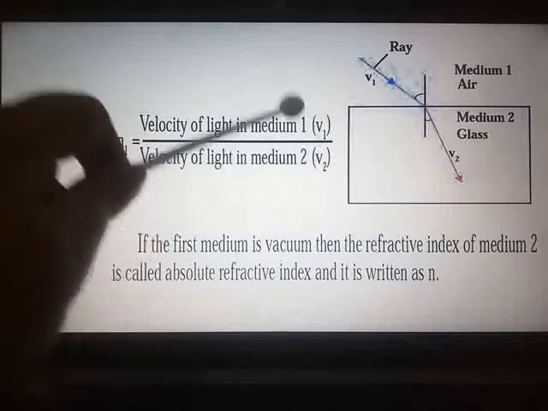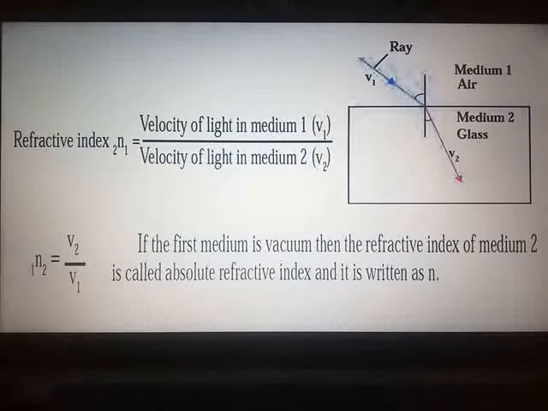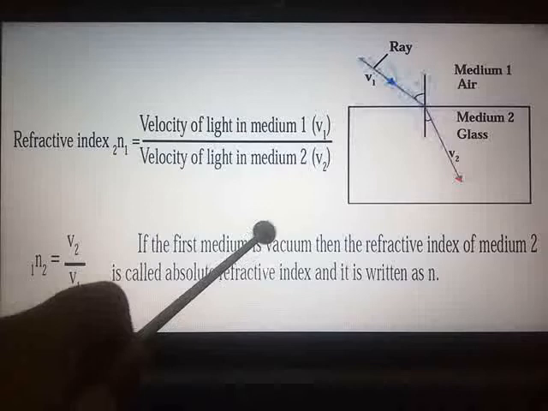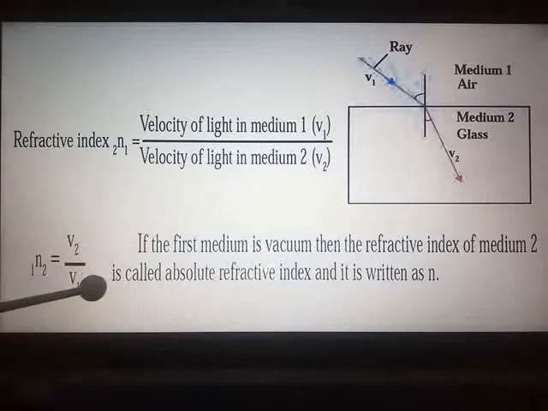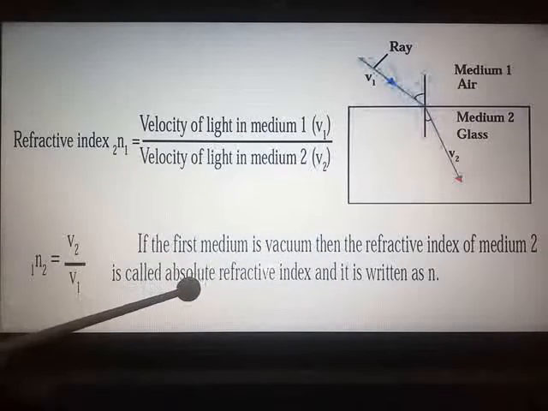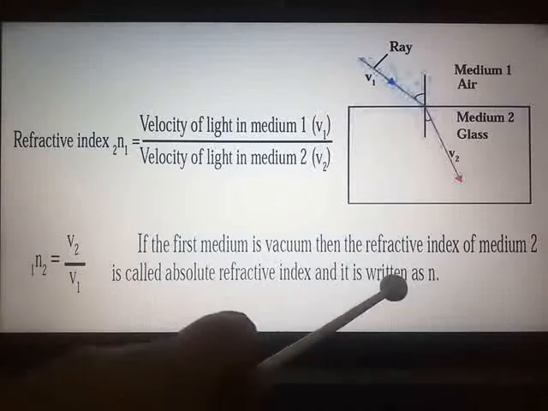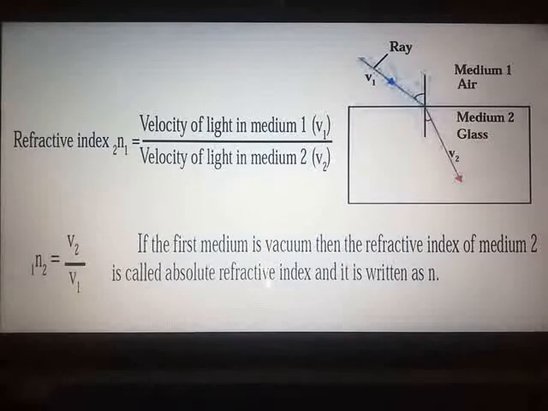You have to take care here that v should be a small alphabet as it is velocity. In the 9th standard you have studied all the small denominations, how these physical quantities are denoted. And if the first medium is vacuum, then the refractive index of medium 2 is called absolute refractive index and is written as small n.